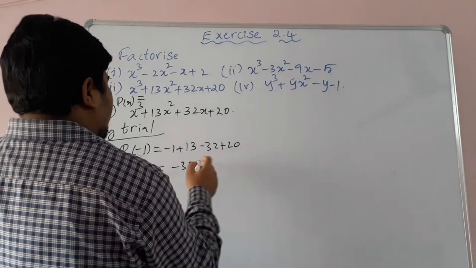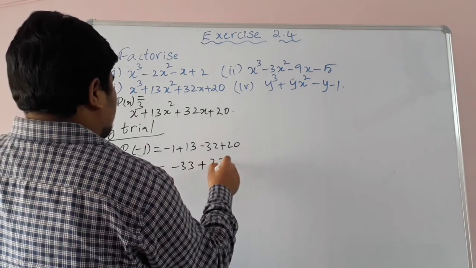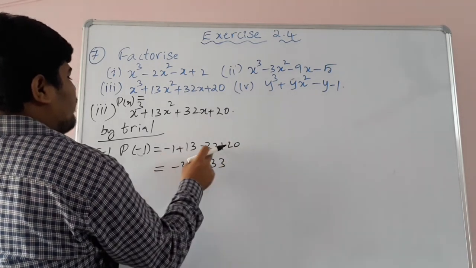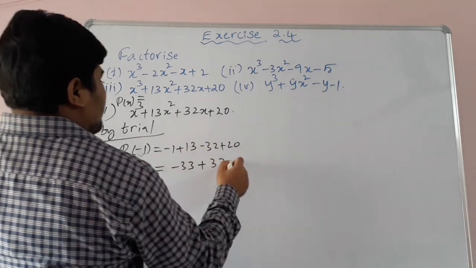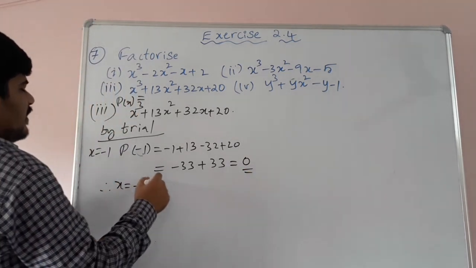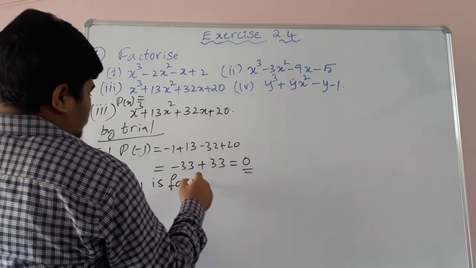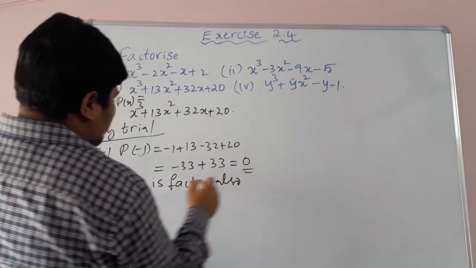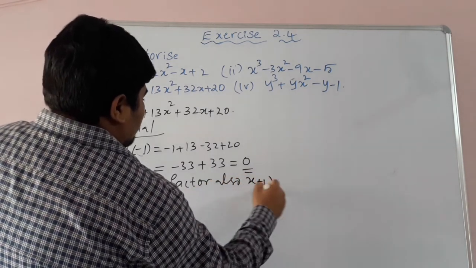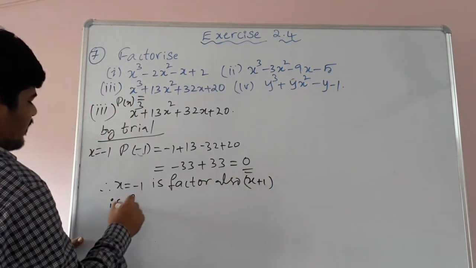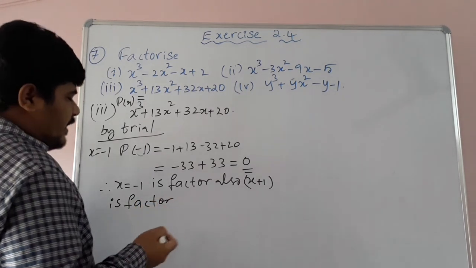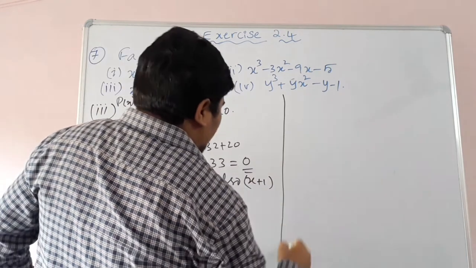Negative 33 and positive 33, children. 13 plus 20 is 33, and minus 1 minus 32 is minus 33. So we are getting the result 0. Therefore x is equal to minus 1 is a factor. Also, if you transpose it to the left-hand side, we get x plus 1. So x plus 1 is a factor, children.